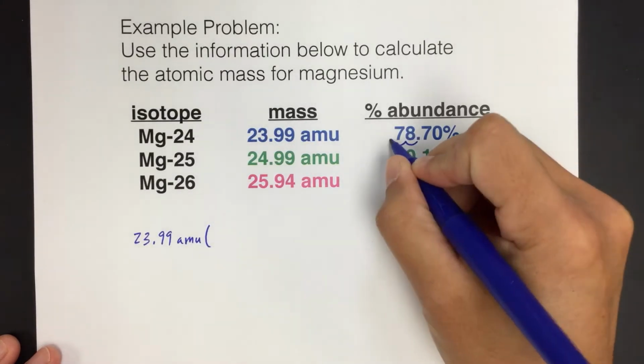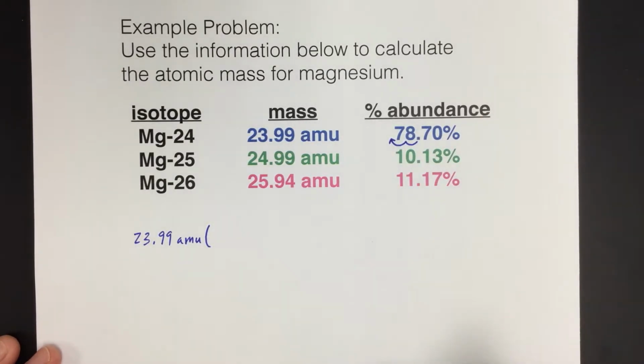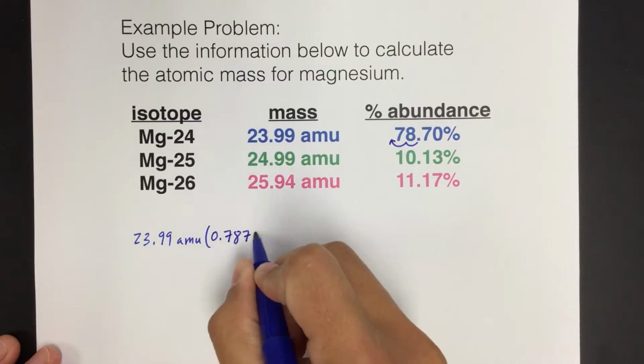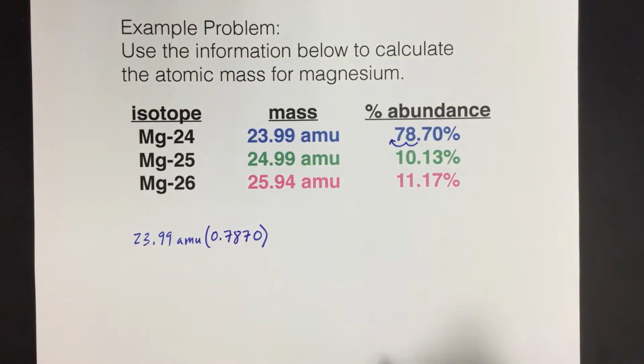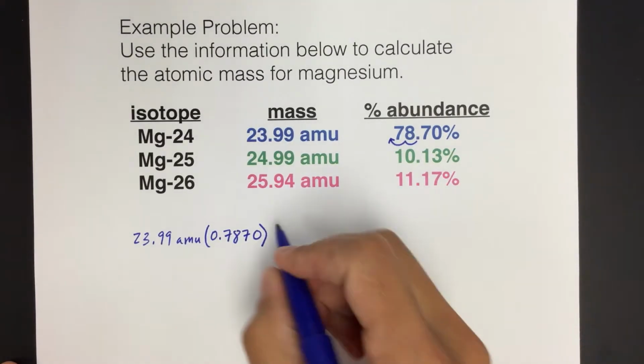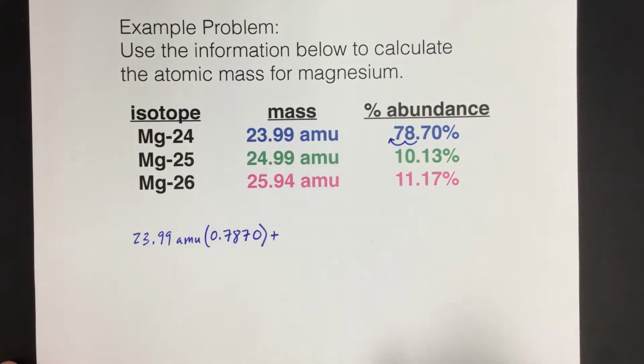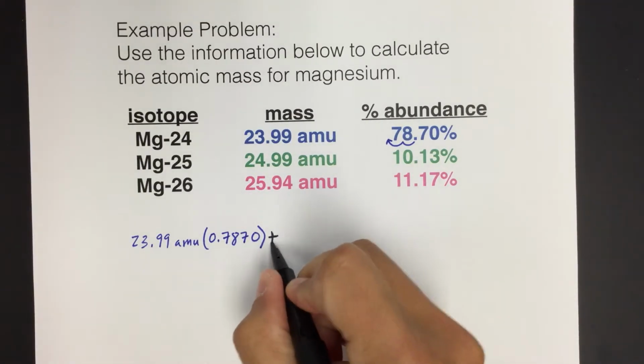We need to move the decimal 2 spaces to the left. I'm including that 0 there for sig figs. We'll get to that later, but you want to include that. And then, oh, I wish I wrote that in black. I'm trying to color code this.